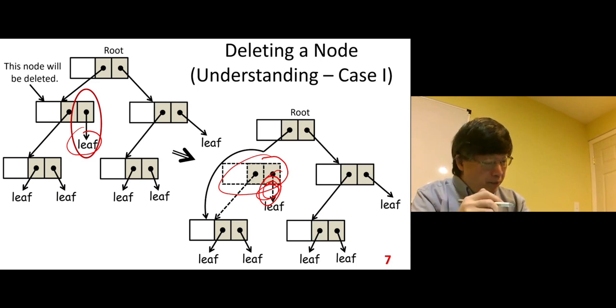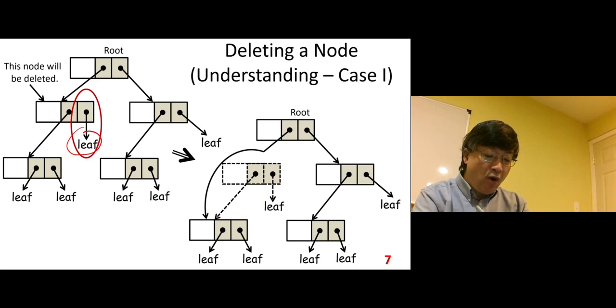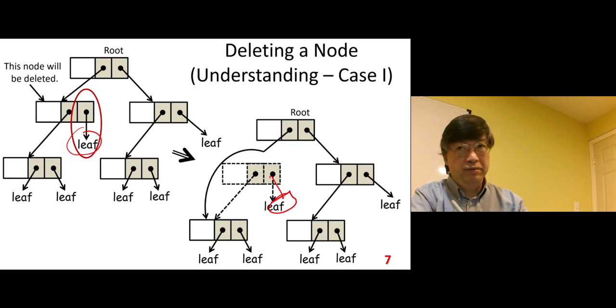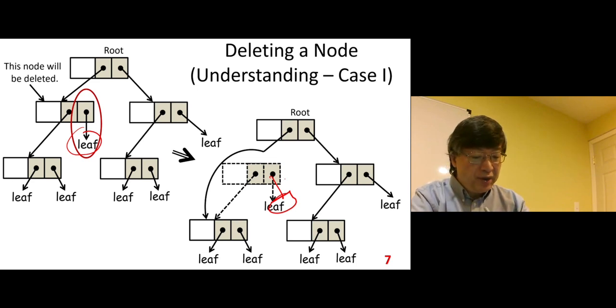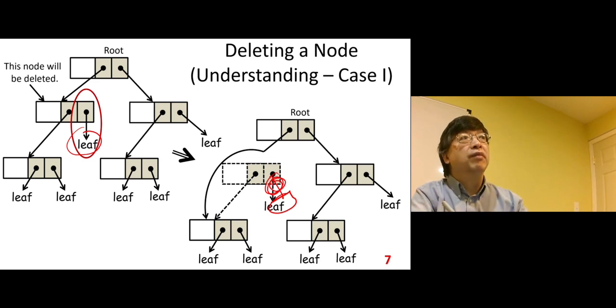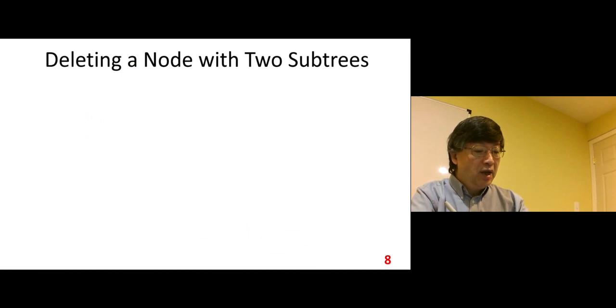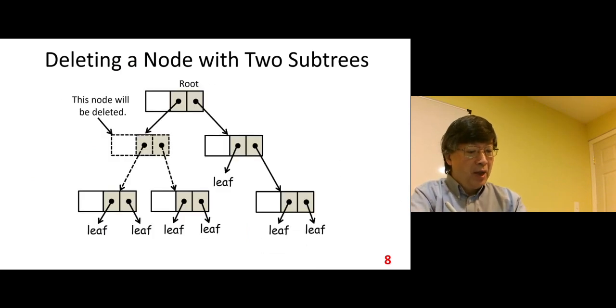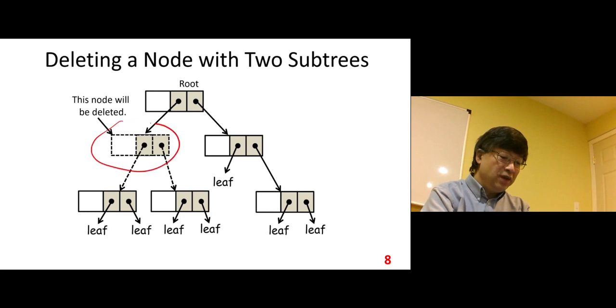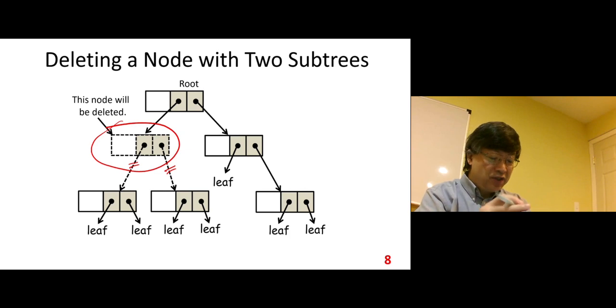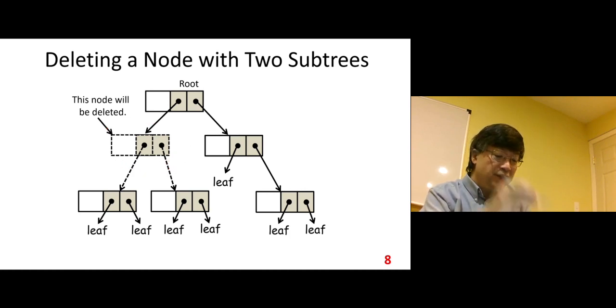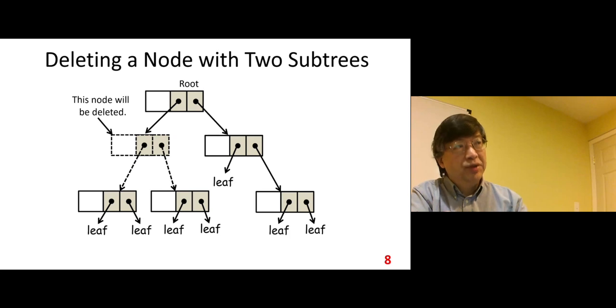But if this link points to some non-leaf node, then you need to change this link to a different location. So let's see the second case. This time, look at this node we want to delete. Not a leaf, right? After you do the deletion, you need to do a little more work.